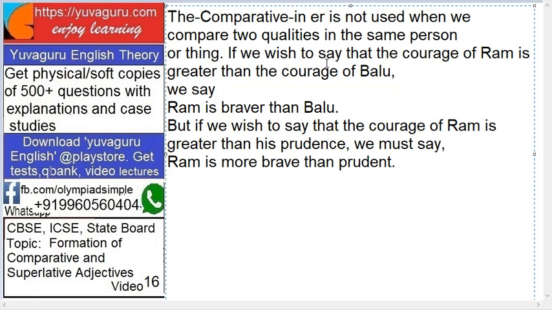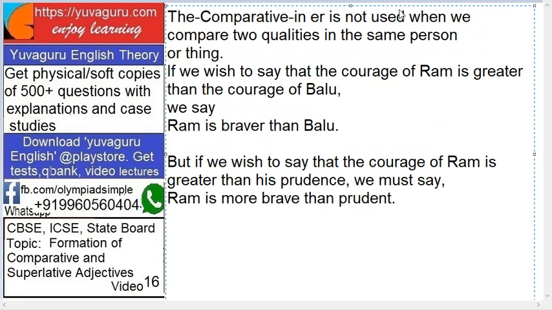Now, if we wish to say that courage of Ram is greater than courage of Balu. Okay. There are two persons, Ram and Balu. Courage of Ram is greater than courage of Balu. So how do we say? We'll say Ram is braver than Balu. Quite simple, right? But what is the condition? Same person or same thing.